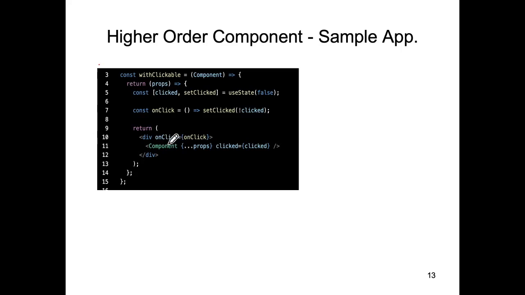And we'll see that in a moment. But notice as well over here that I'm passing down to the input component the current value of my state variable up here. Because the input component needs to know, has the outer component been clicked on or not.